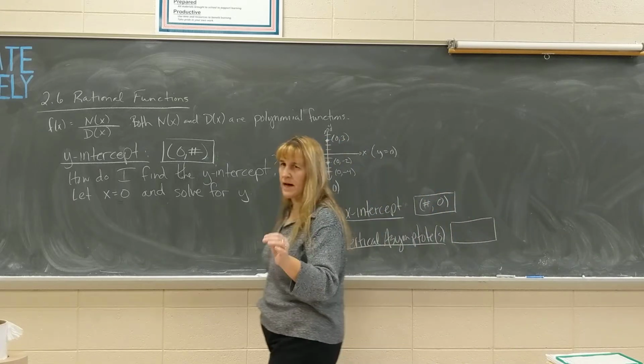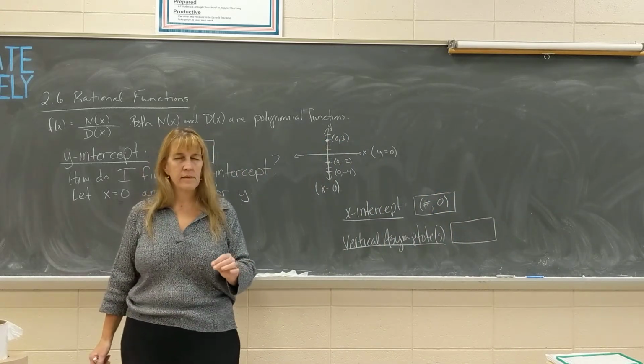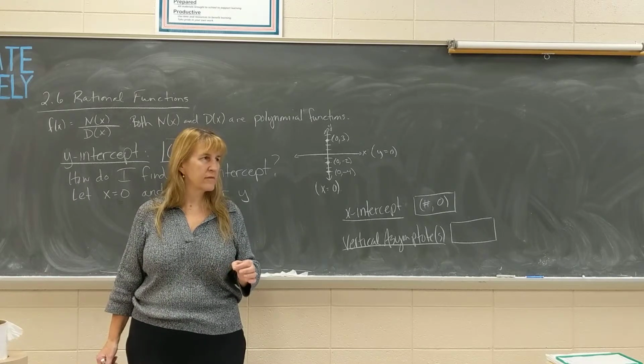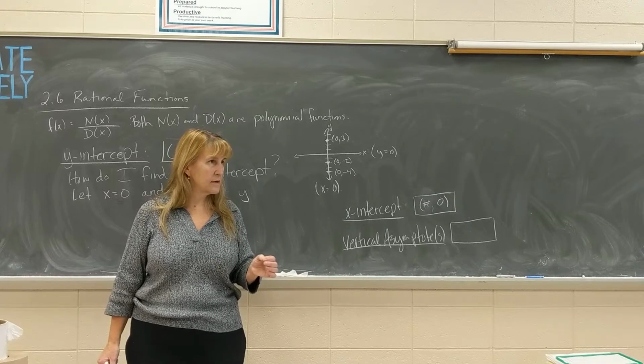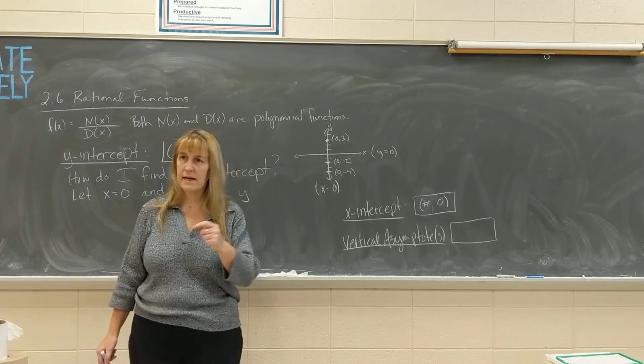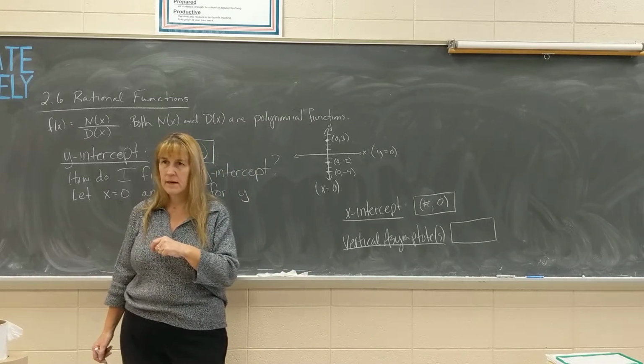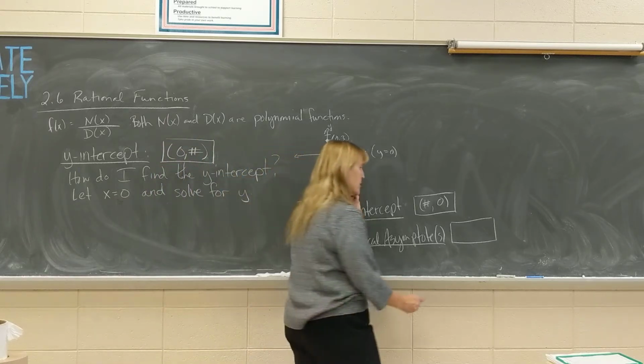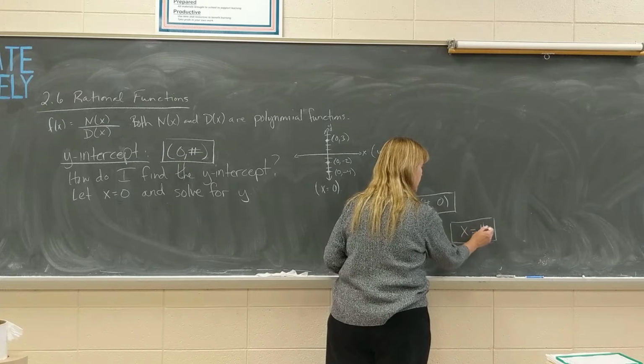How do I find my vertical asymptote? Set the denominator equal to 0, solve for x, and make sure that those x values don't make the numerator equal to 0 also, right? So what do we have? We have vertical asymptotes. So that should be given as some kind of x equals some number.